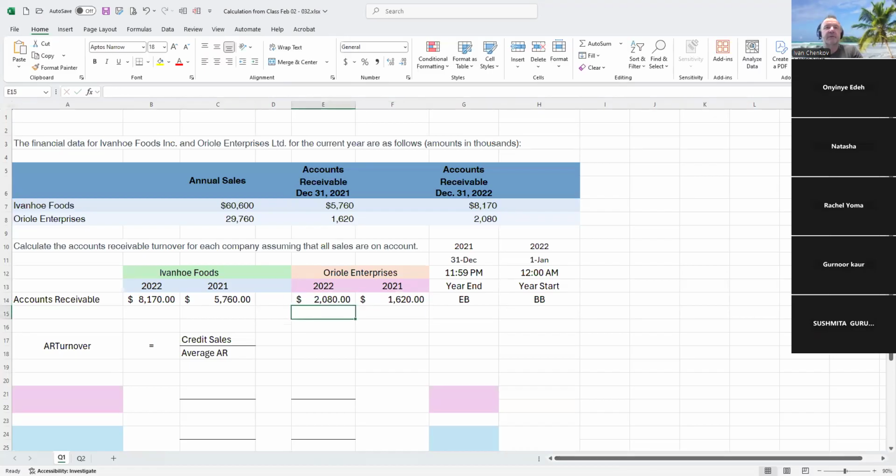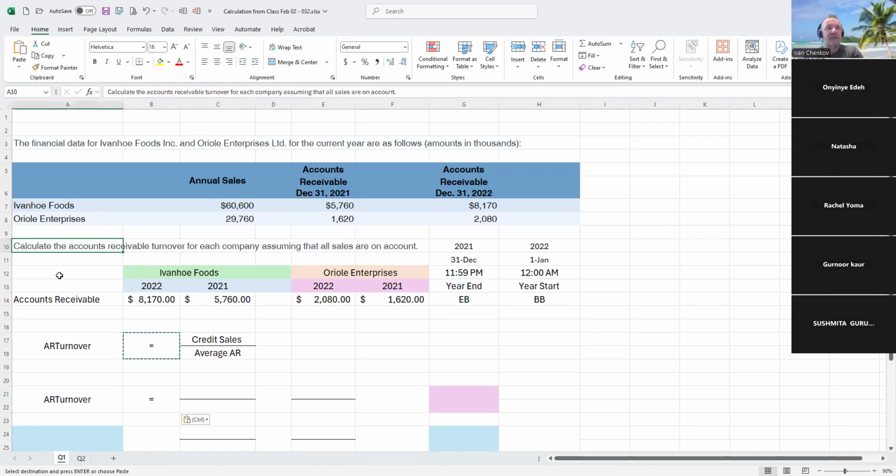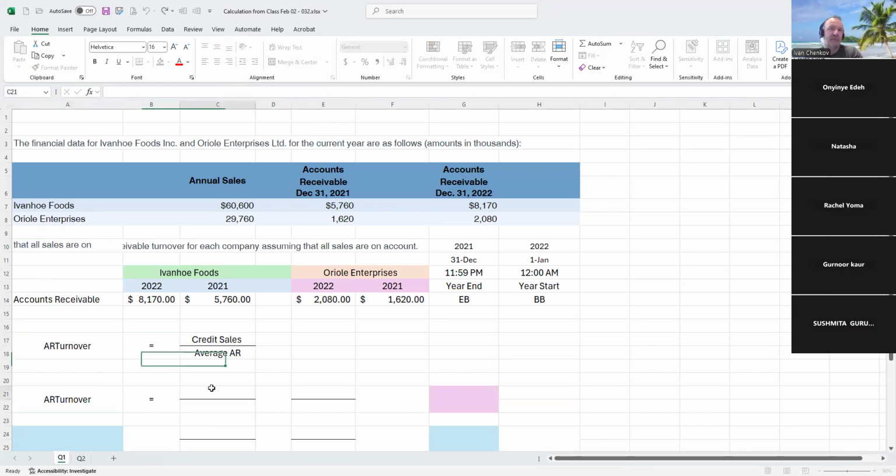2080. Okay, so how can I calculate the accounts receivable turnover? I have to get the credit sales divided by average accounts receivable, correct? Yes. So my accounts receivable turnover here will be equal to, what's my credit sales? The question says calculate accounts receivable turnover for each company, assuming that all the sales are on account. So basically we're not getting any cash.